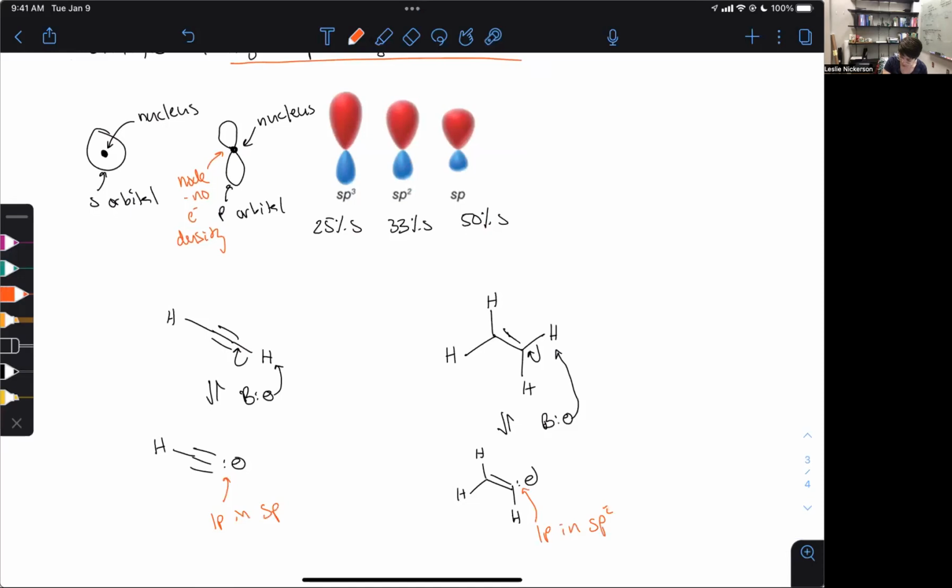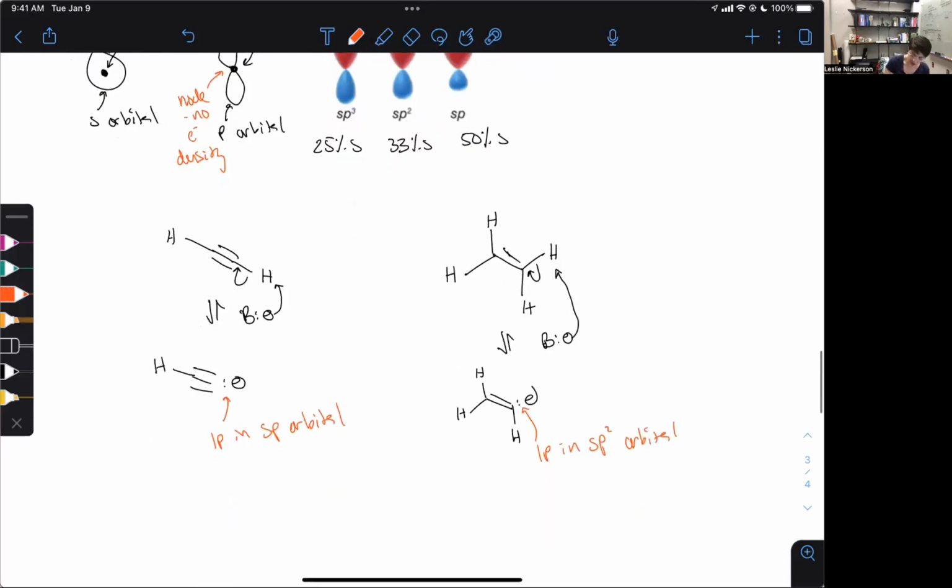Oh boy, that really got away from me. Okay, so this is going to have more s character, and that's what you'll usually hear said in books, s character. This is less s character. So this is more stable, less stable. So that makes this more acidic and then less acidic.